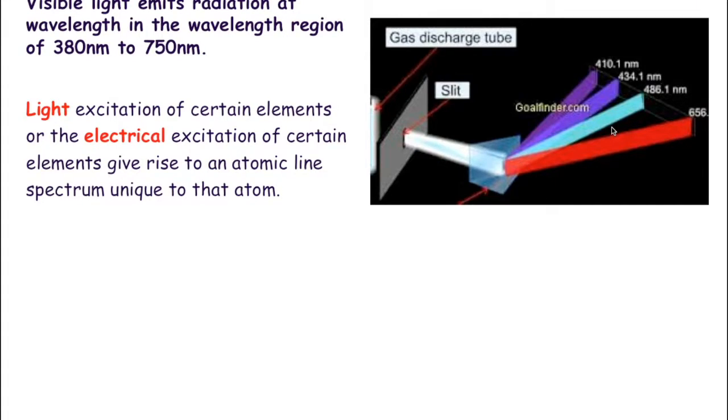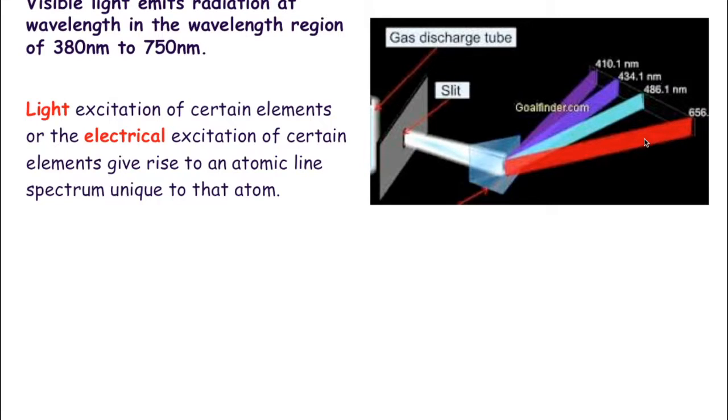But if you now take, say, a chemical element and you excite that particular element with radiation, you give it enough energy so that you excite it, you spark it up or give it an electrical discharge, then that atom, that element, will also radiate light. But it doesn't radiate light across the visible spectrum. In fact, it radiates light with specific frequencies.